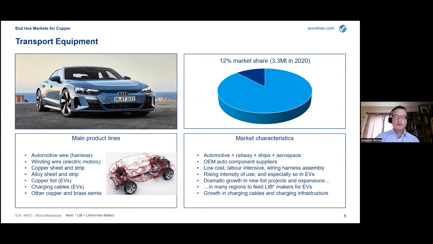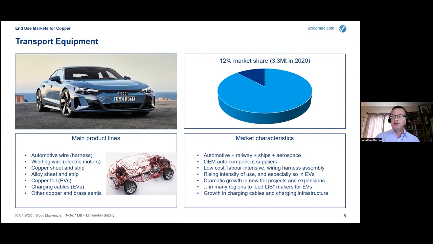Winding wire that's consumed in various electric motors. Copper and alloy sheet and strip that's used in various connectors within the harness. Copper foil, which is the anode within an EV battery. Charging cables also for EVs. And you also utilize other copper and brass semis in much smaller quantities.